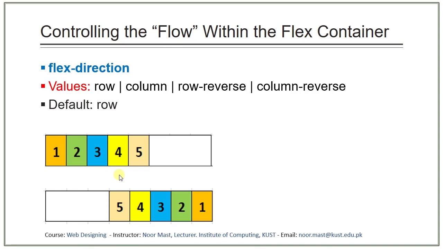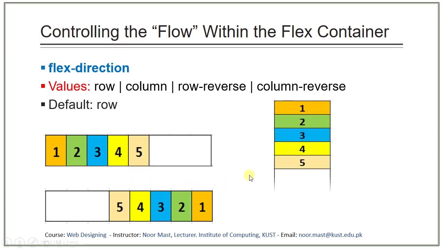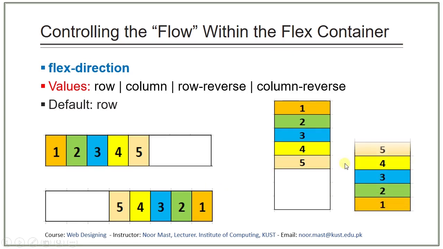While if you set the flex-direction property to column and column-reverse, then the flex items will appear like this when the value is column, while like this when the value is column-reverse.